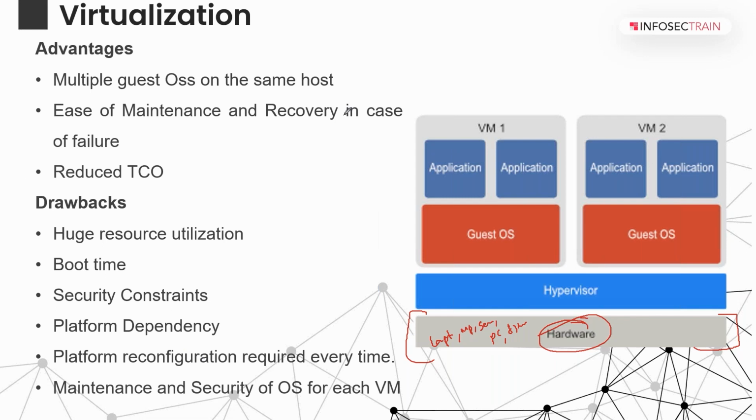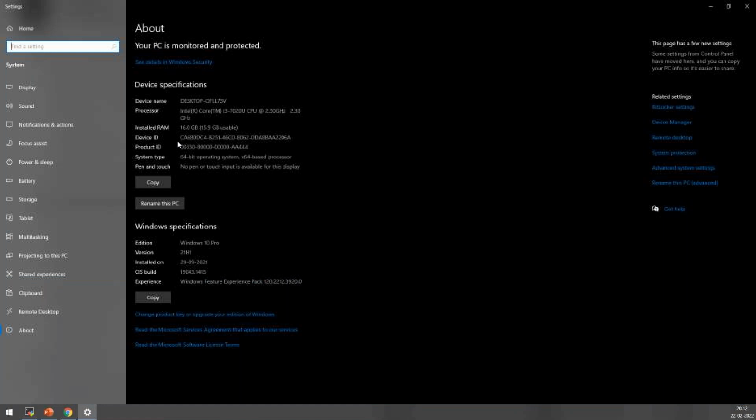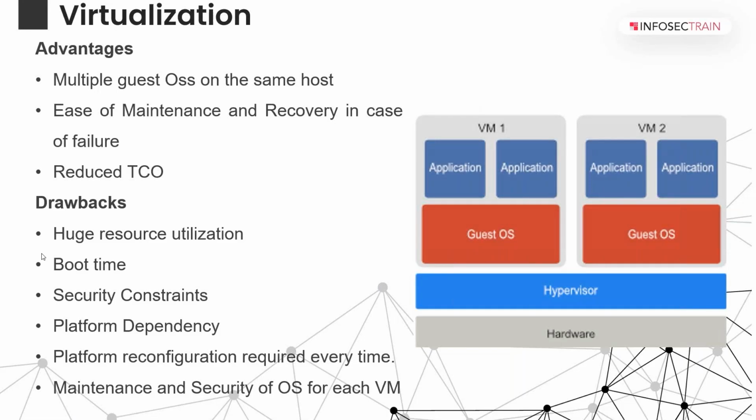See, I can show you that. Currently I'm using a very basic laptop, and in my laptop I'm having a Windows operating system. On top of this operating system, I can install a software which we generally call a hypervisor.